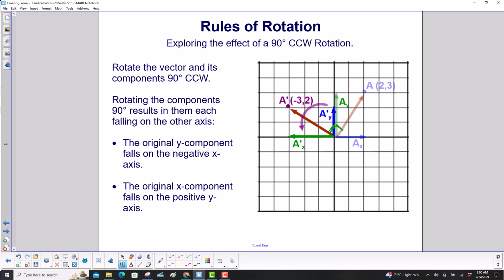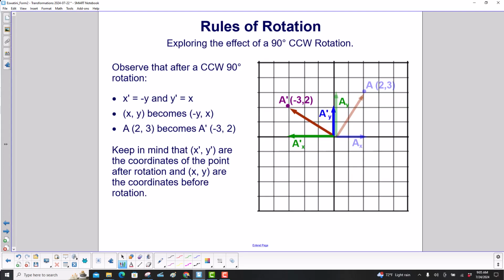Rotating the components 90 degrees results in them each falling on the other axis. The original y component, over here, falls on the negative x-axis, right over here. The original x component falls on the positive y-axis up here.